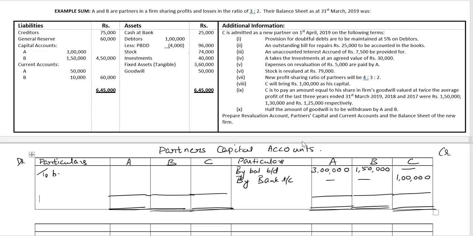We'll balance the partner's capital accounts. To balance carried down. Total for A, 3 lakh rupees. Balance carried down is also rupees 3 lakh. Total for B, 1,50,000 rupees.